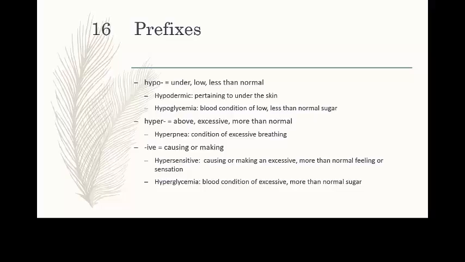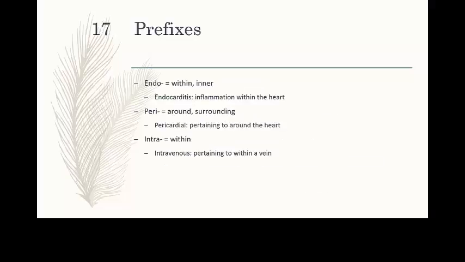So endocarditis, the inflammation is within the heart. Peri is around or surrounding. So perimeter is around. So peri is around. Intra, within, like intrastate versus interstate.